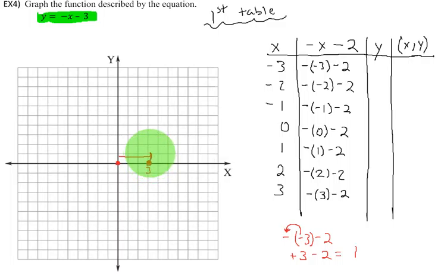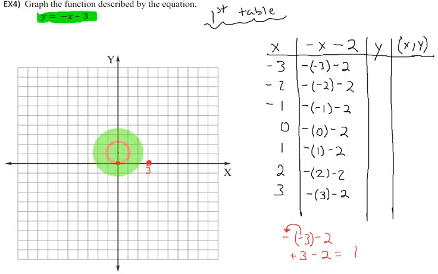Now I've got to move back in the other direction. Now I've got to U-turn and move in the opposite direction, back 2. So negative 1, negative 2, or take away 2. And I land at positive 1 as my stopping point. Therefore, when x is negative 3, y has to be positive 1. I'm going to use a red marker here, positive 1.